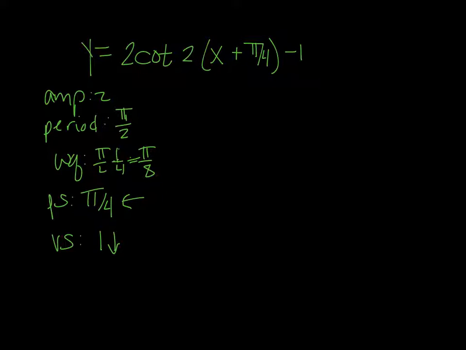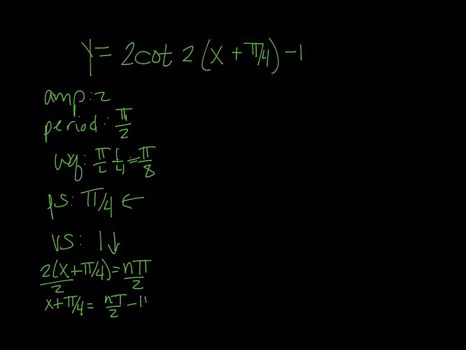Okay, now for our asymptote work. So we have to work all that out. So let's see, we have 2 times x plus pi over 4 equals n pi, divide by 2. So now x plus pi over 4 equals n pi over 2. And then we'll subtract pi over 4 from both sides, so that's gone now. And then I need a common denominator.